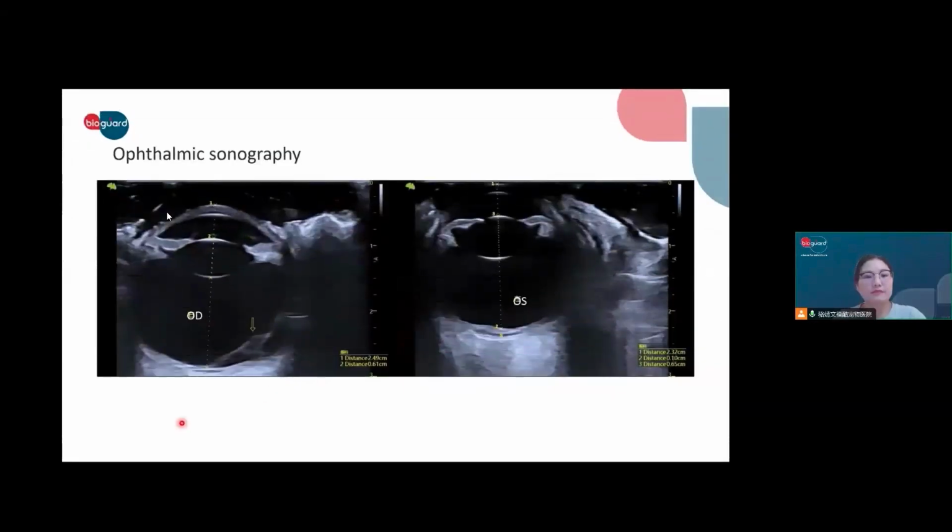Okay, up to this time, we still have a question. Why did this dog have exophthalmos?